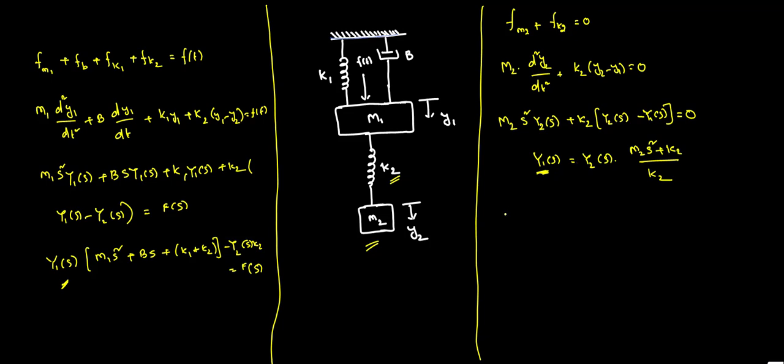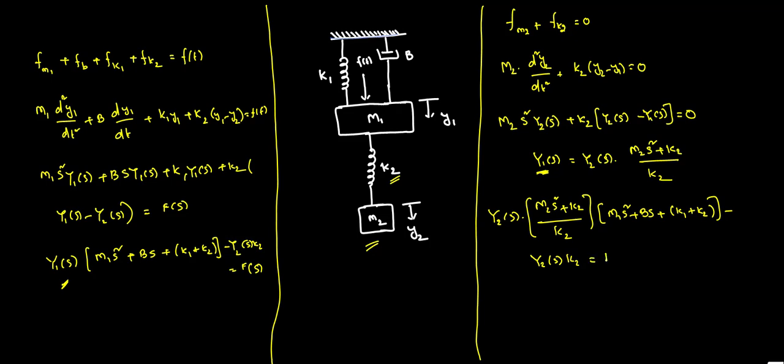So here you can write y1, I'm substituting here, that is y2 of s into m2 s square plus k2, divided by k2, into m1 s square plus bs plus k1 plus k2, minus y2 of s into k2 is equal to f of s.